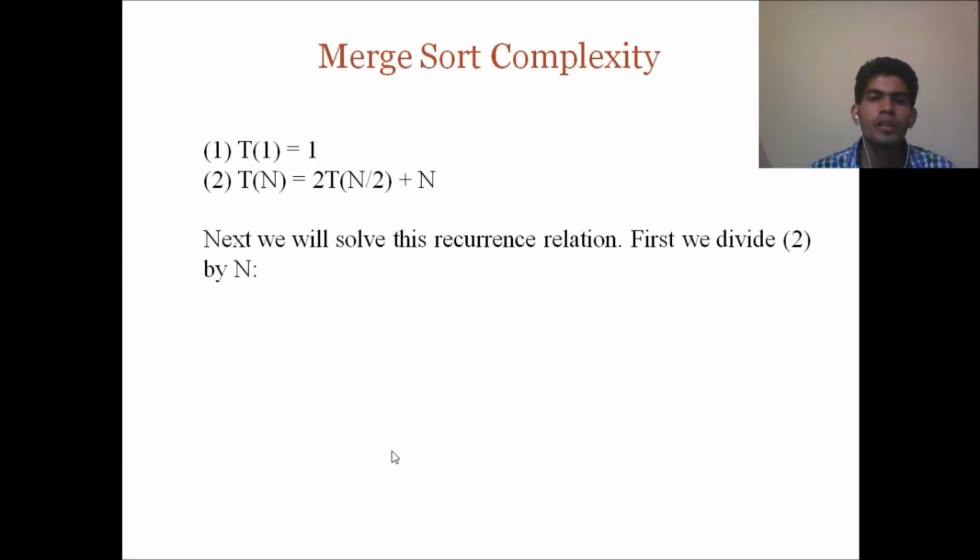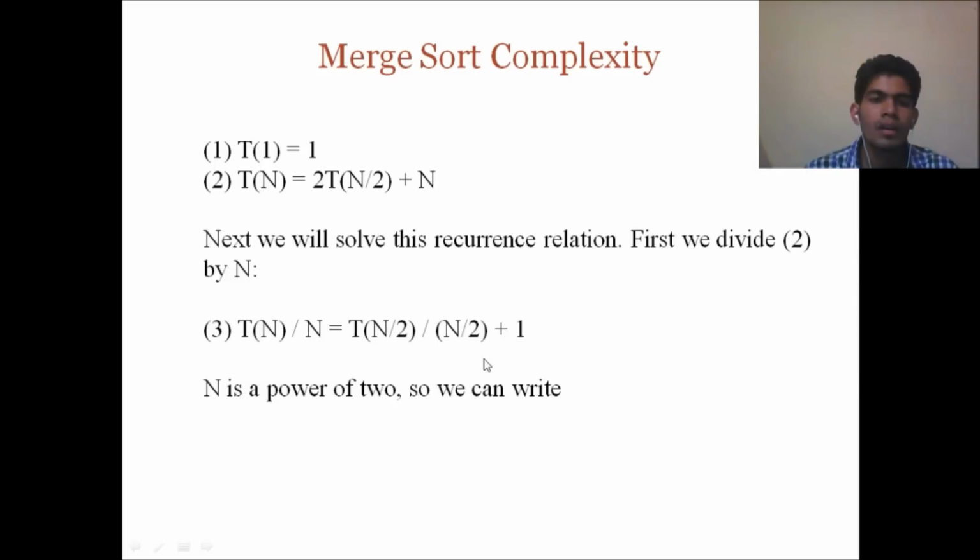Now we solve this recursive relation. First we divide the second equation by n. We obtain this third equation by doing so. We get T of n by n is equal to T of n by 2 divided by n by 2 plus 1. Now we know that n is a power of 2, so we can write the fourth equation as T of n by 2 divided by n by 2 is equal to T of n by 4 divided by n by 4 plus 1.